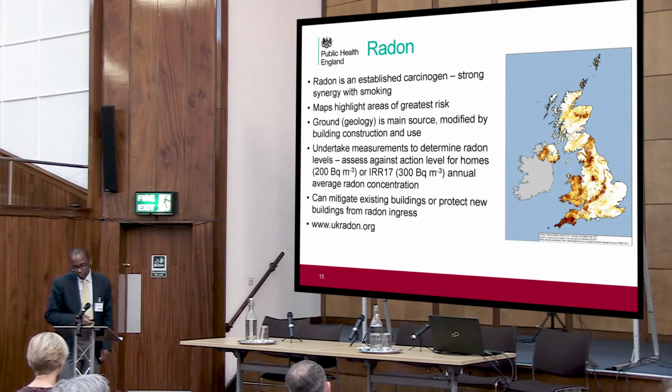And the key is really to understand and ensure that levels are below this action level within homes, and also below the Ionising Radiation Regulations 2017 level of 300 becquerels per metre cubed. Thankfully, we can mitigate effectively to protect new or existing buildings from radon ingress and really reduce the health burden of exposure to radon.